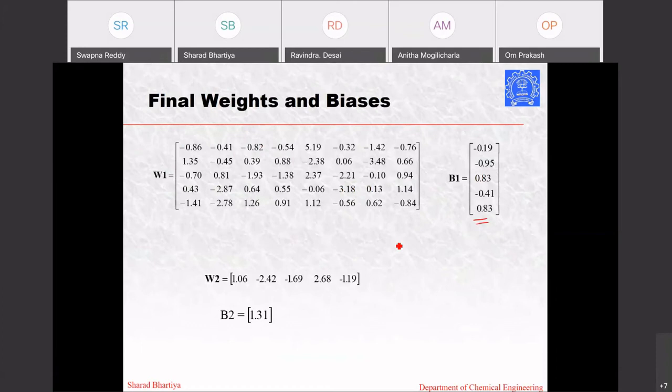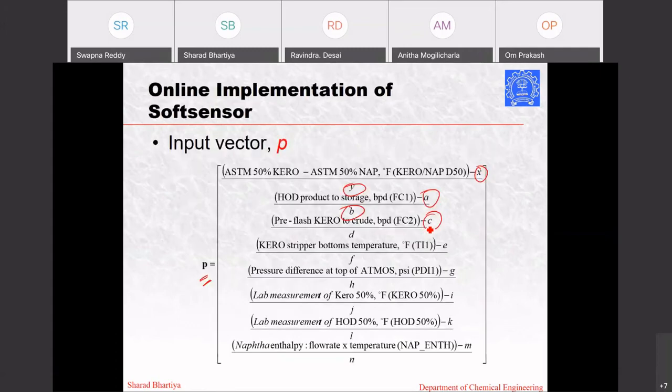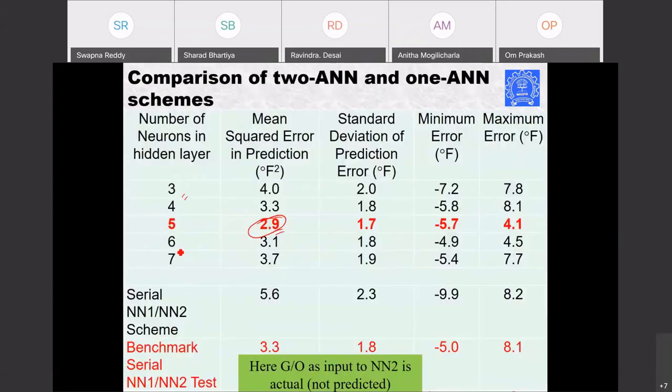This was done without regularization, so I made sure that the number of neurons is small so that I don't overfit. When you look at that, you find that as you increase the number of neurons to 6 and 7, and these are reported on your validation set, after 2.9 it went to 3.3.